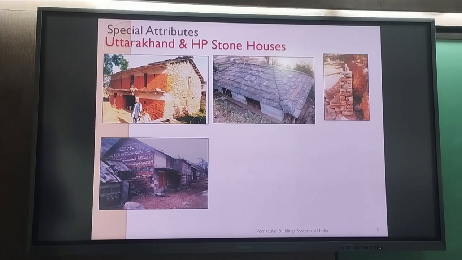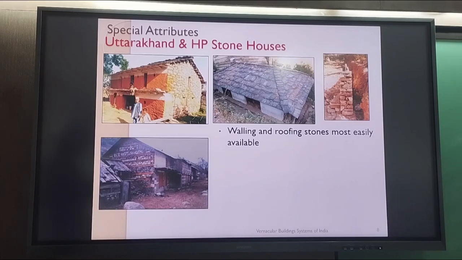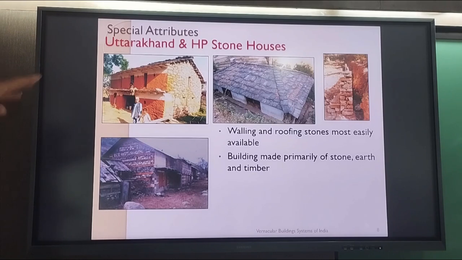Uttarakhand and Himachal, stone houses. Like I mentioned earlier, in Uttarakhand you find roofs made of stone. It's called patal. And you must have also heard of slate in Himachal. Slate is thin. Basically, the walling and roofing is done by stone, and buildings also have some timber.